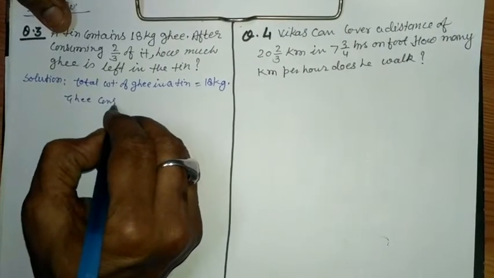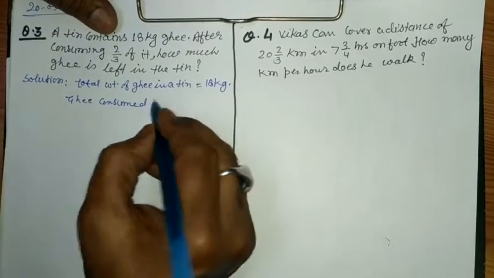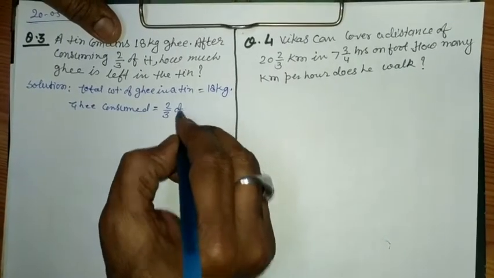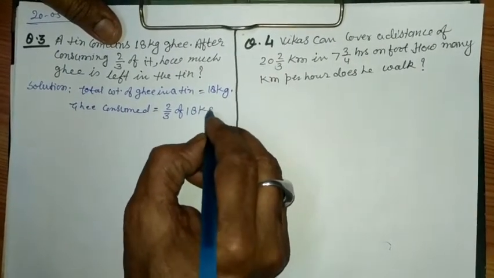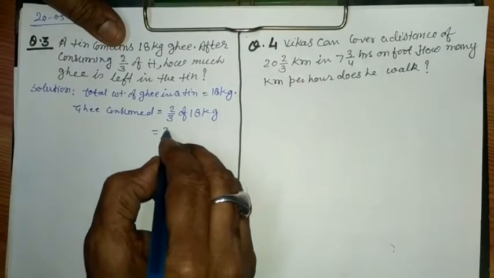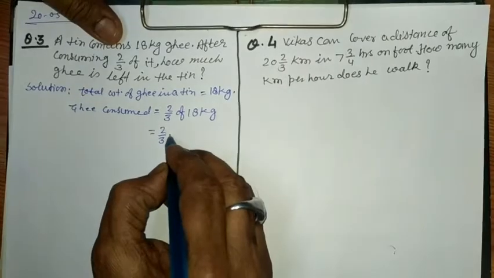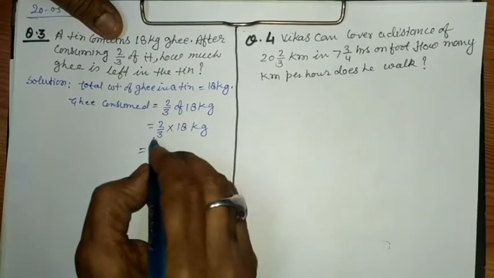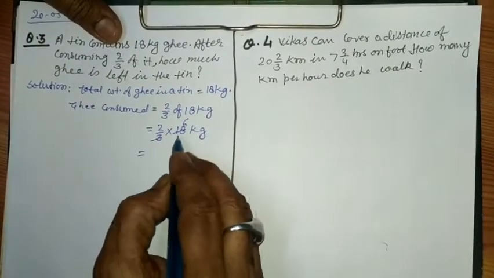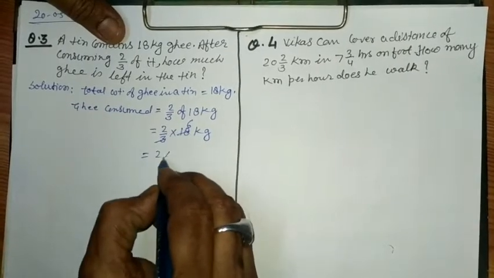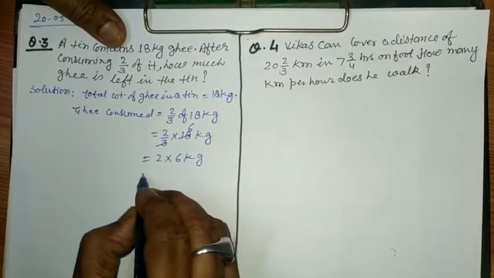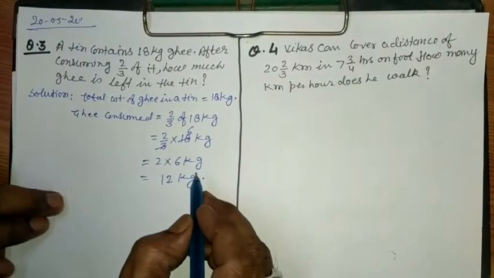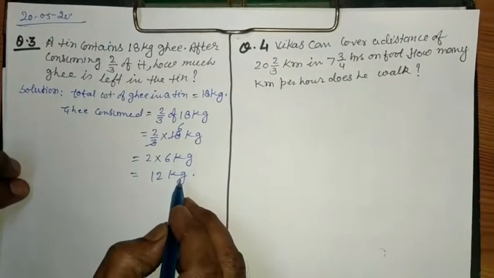Ghee consumed equal to 2 upon 3 of 18 kg, equal to 2 upon 3 into 18 kg. That is 3 sixes are 18, 2 into 6 kg equal to 2 sixes are 12 kg. Ghee consumed by a person equal to 12 kg.